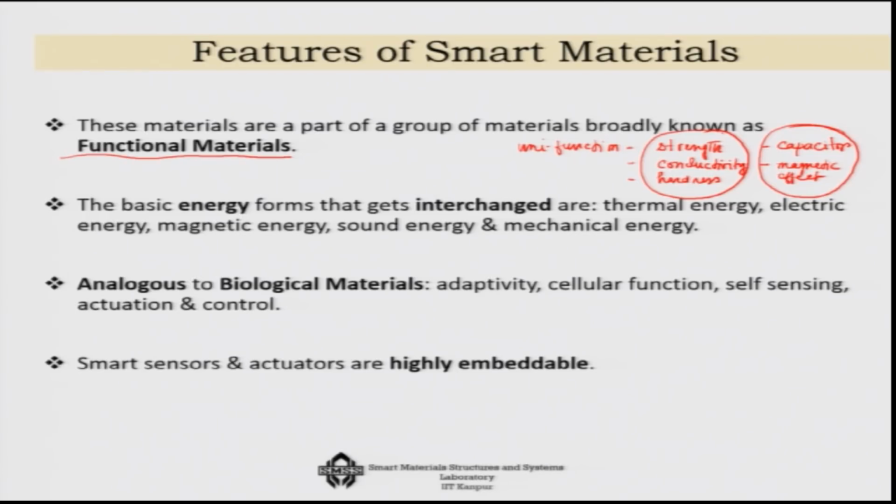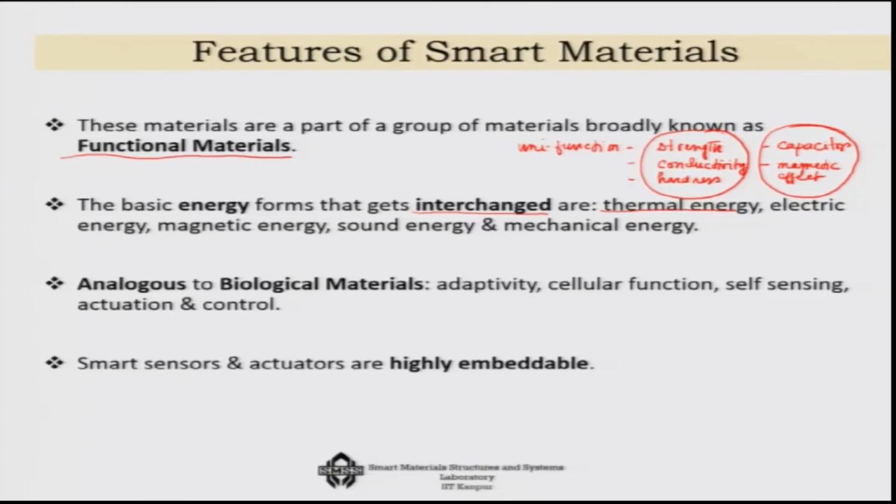The other way to look at it is, what are the energy forms that get interchanged in such materials? Because in every material, whenever we apply, for example, a mechanical force to the system, many things can happen, but the major part of the force may go to deform the material, which means the energy will be stored inside the material in the form of strain energy, which is a mechanical energy.